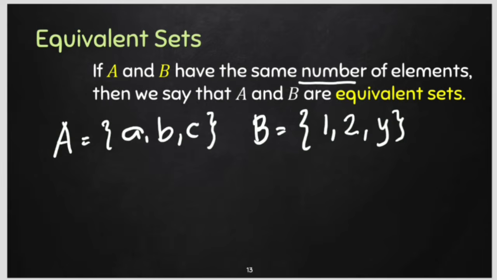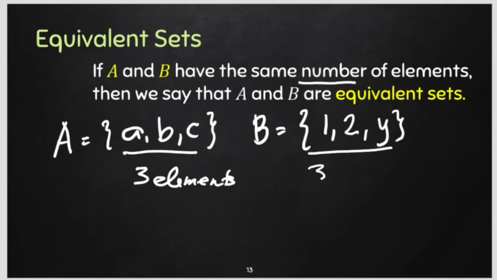They are not identical, but both have the same number. Here we have 3 elements, and here we also have 3 elements. So we can say that they are equivalent sets.